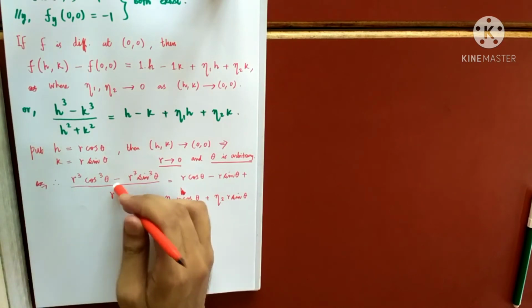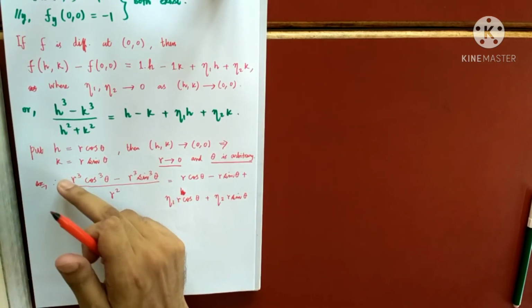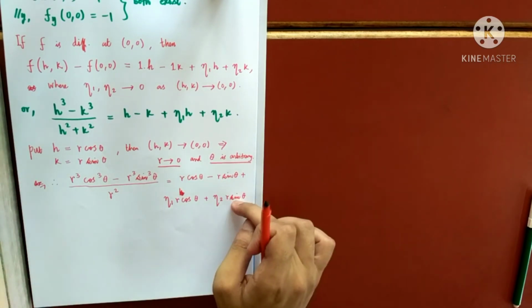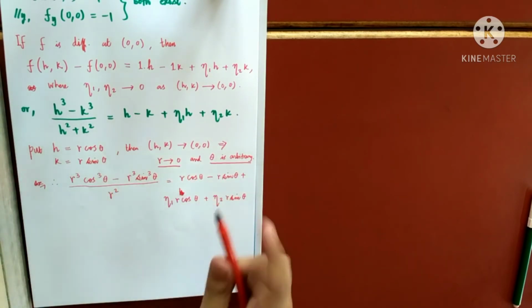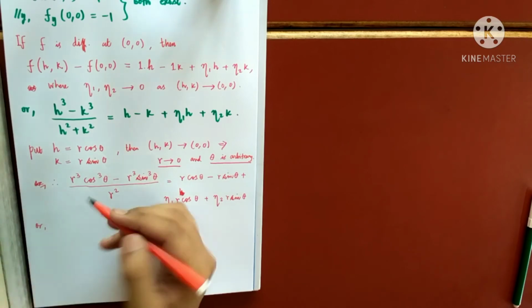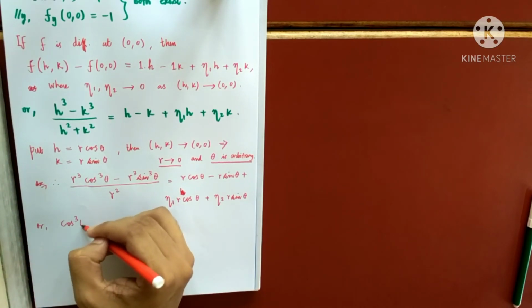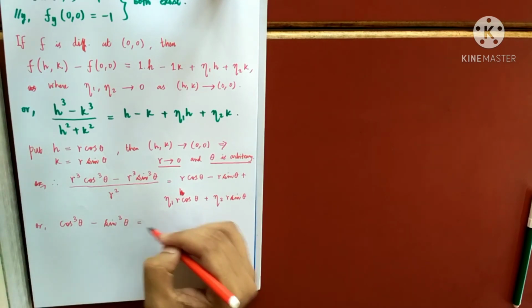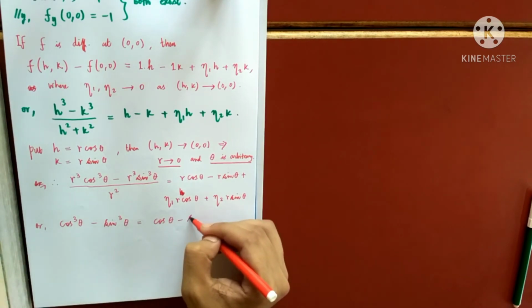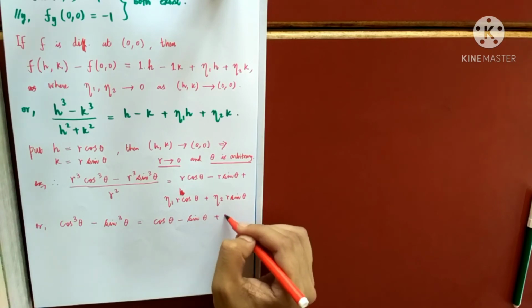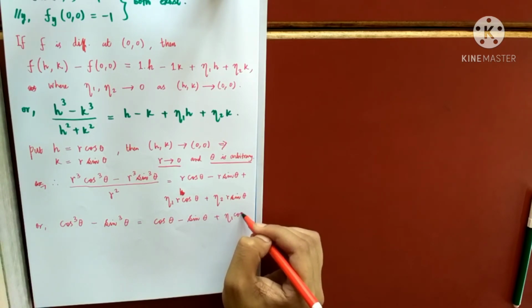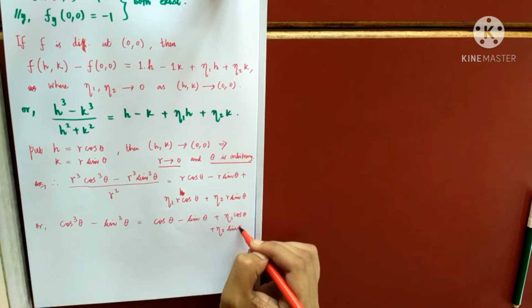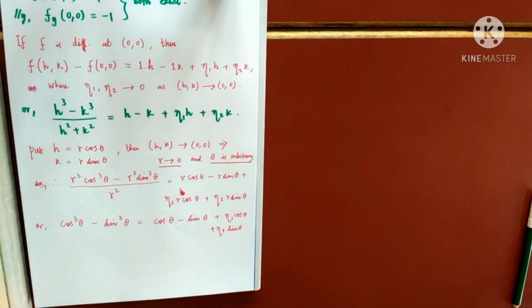So what I have is cos cube theta minus sin cube theta equals cos theta minus sin theta plus eta 1 cos theta plus eta 2 sin theta. Okay, good enough.